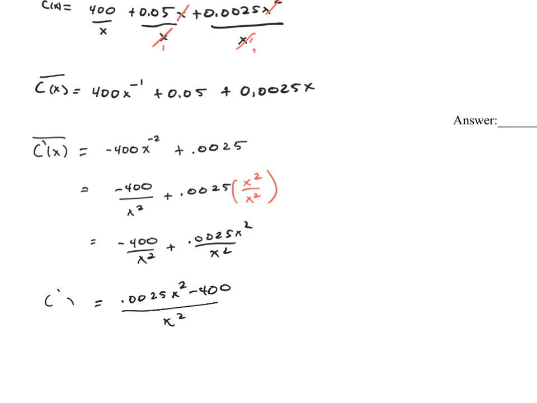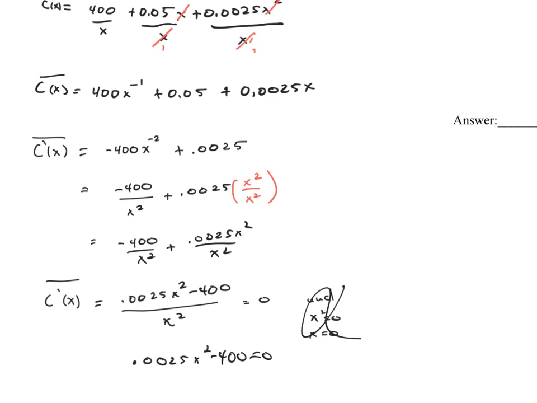So this is my marginal average cost function, the derivative of the average cost. I want to know when this is equal to 0 and when it is undefined. This would be undefined when the denominator equals 0, which would give me x equals 0. Again, that says produce 0 units. That makes no sense. We don't care about that. So what we want is when the numerator is equal to 0: 0.0025x squared minus 400 equals 0.